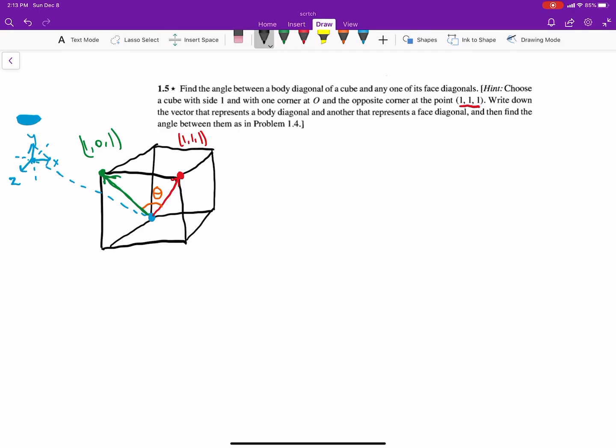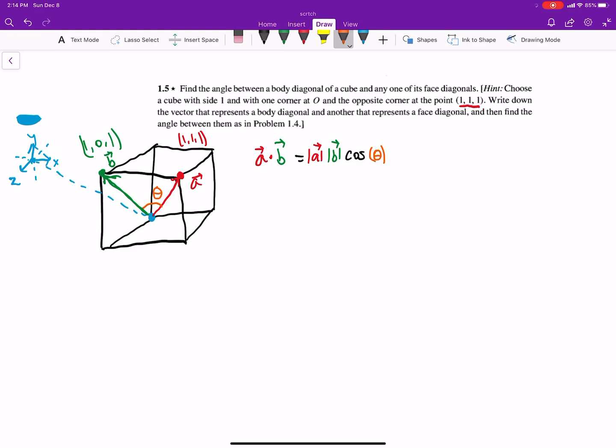Okay, so the way we're going to do this is we're going to work with our dot product, which says that, I'll call the red one vector A, and I'll call the green one vector B. So vector A dotted with vector B is equal to the magnitude of A times the magnitude of B times cosine of the angle between them, which I wrote in orange.